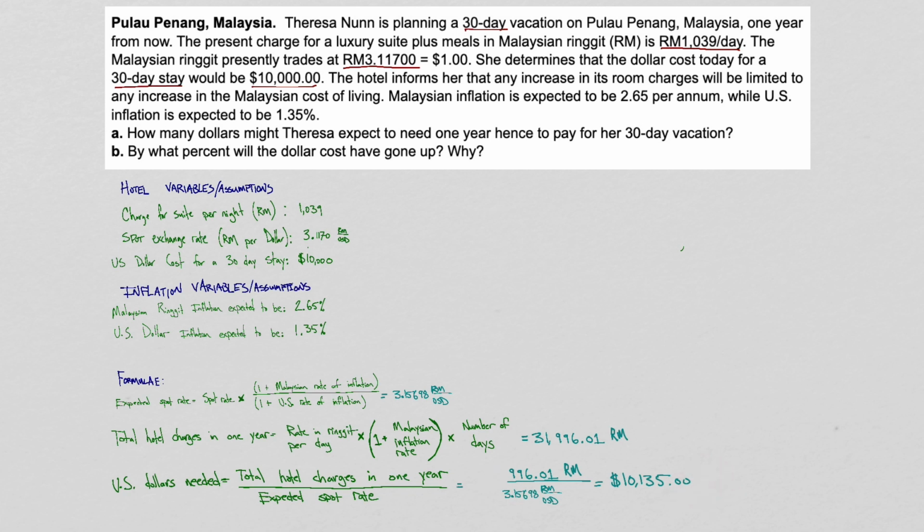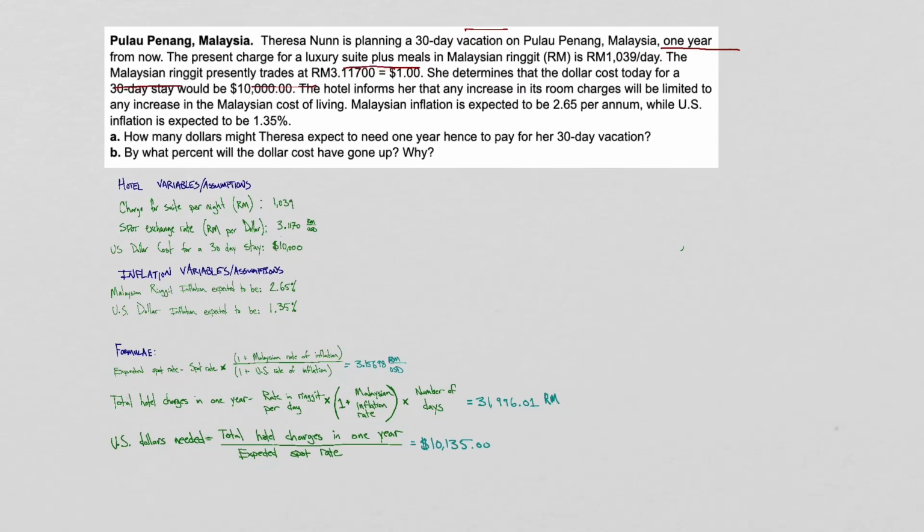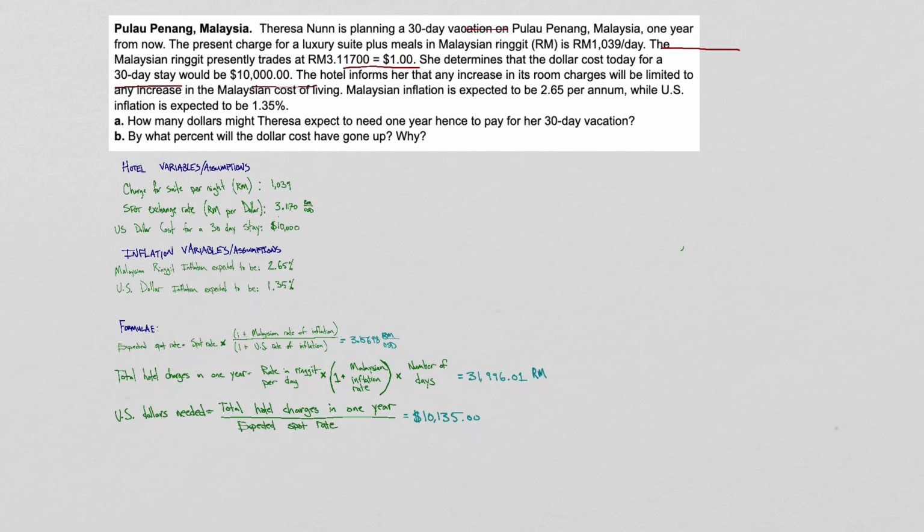All right. And then there's one more question that's being asked, and that is by what percent will the dollar cost have gone up and why? For us to answer that question, we need one more formula, and thus we need a little more space here. So I'm going to shrink what we have so that I can fit one more formula.